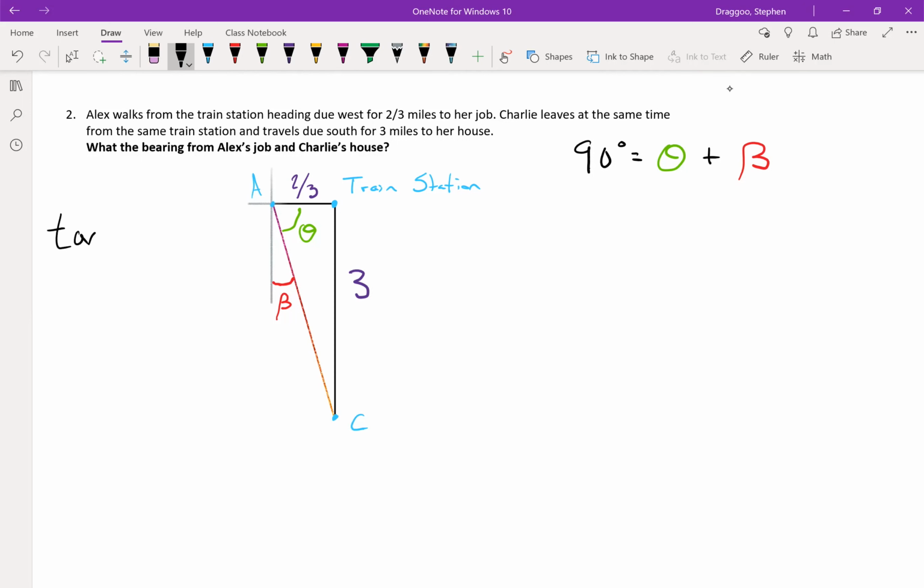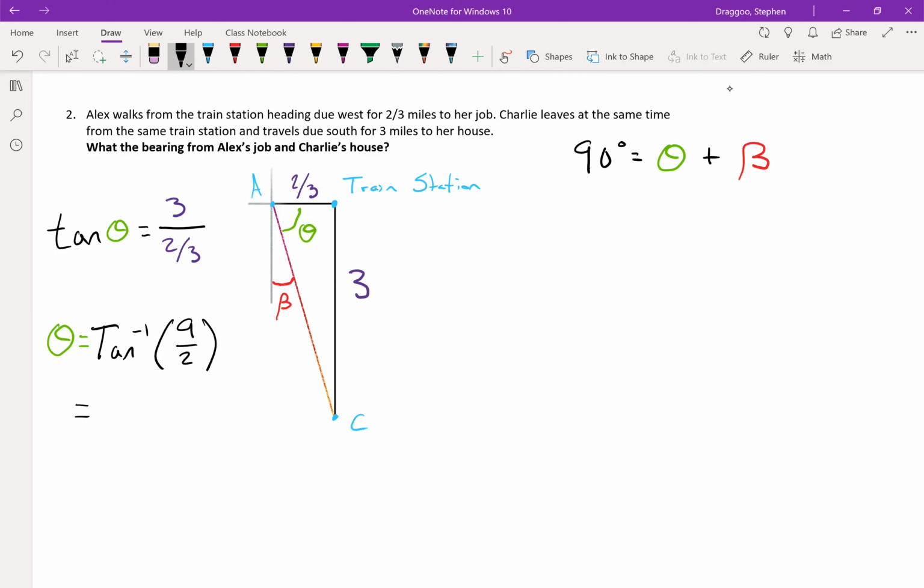So I can set up the equation tangent of theta is equal to 3 divided by 2/3. Which means then that our angle theta ought to be the tangent inverse of 9/2, if we just simplify that ever so slightly.